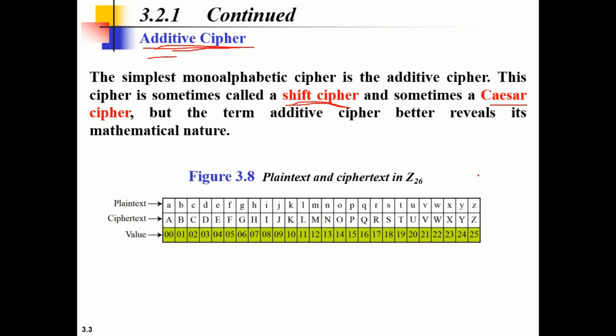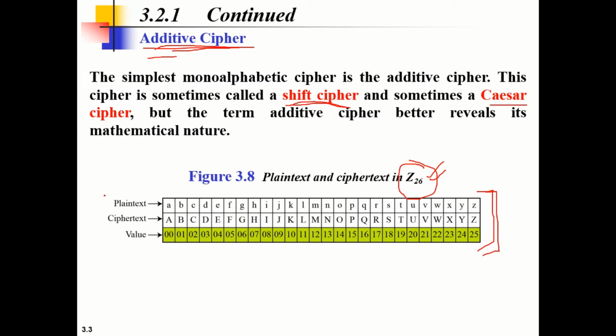So here we will be dealing with these values, and the plain text and its corresponding cipher text will be from this set only. Why are we taking this set? Because there are 26 alphabets, and we are replacing one character by another character. That is why we are using these 26 values over here.